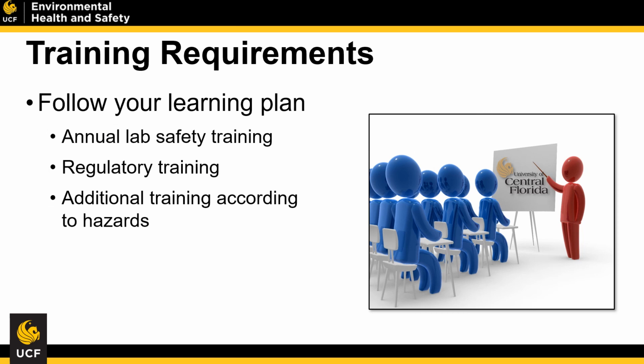So as we've talked about a little bit before, there will be additional training requirements added to your learning plan depending on your level of research and what hazard you're exposed to. You'll also have annual training requirements that must be completed, such as for this module, you're completing EHS 202. Next year, you'll have to complete an online module as well called EHS 203.